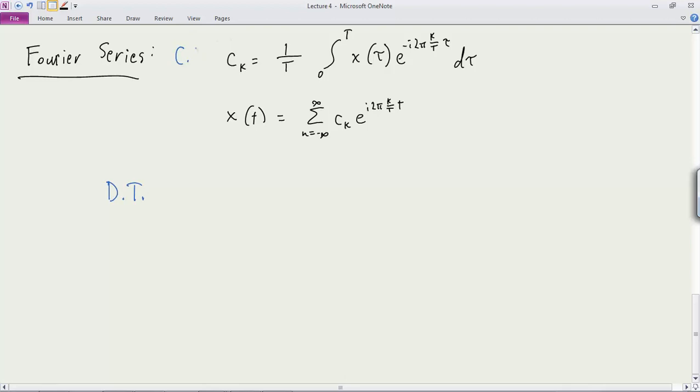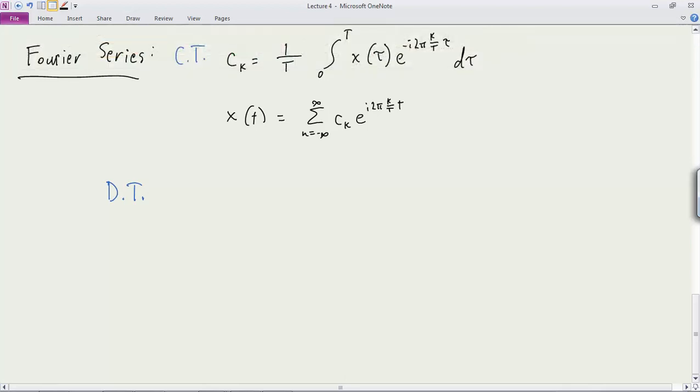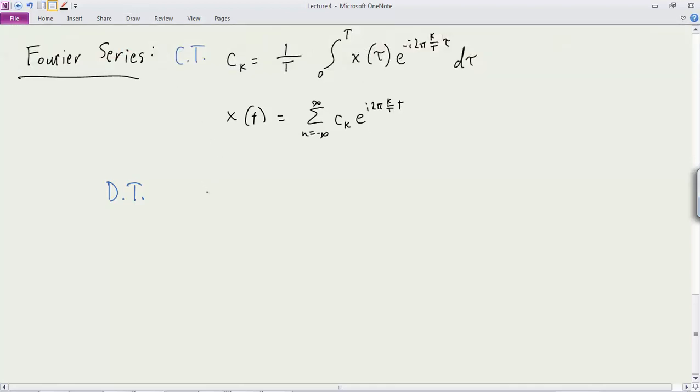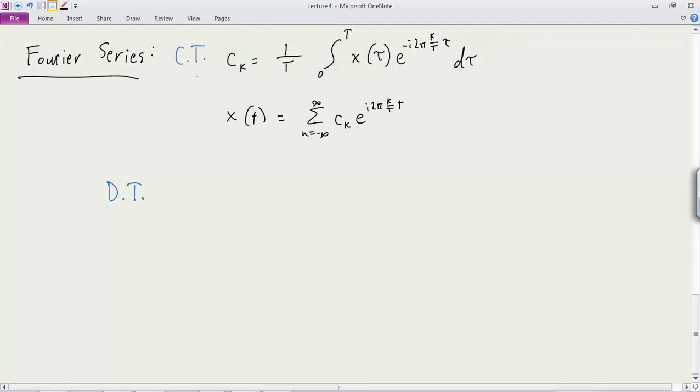So this was continuous time. We gave names to these. The top one is sort of the forward transform. The bottom one's the backwards, and they call that analysis is the first one, and synthesis is the second. So here, I should have said, to begin with, we're only doing the Fourier series.